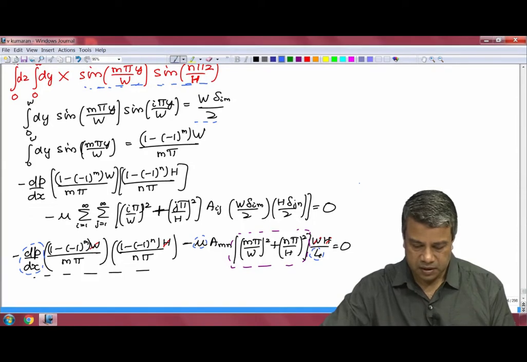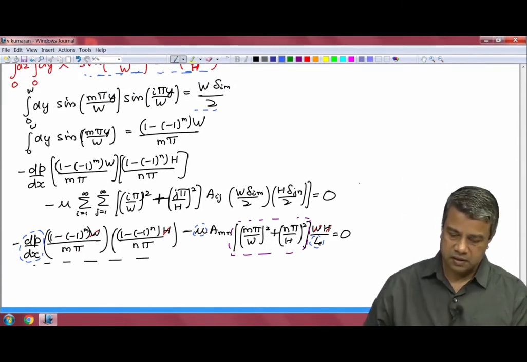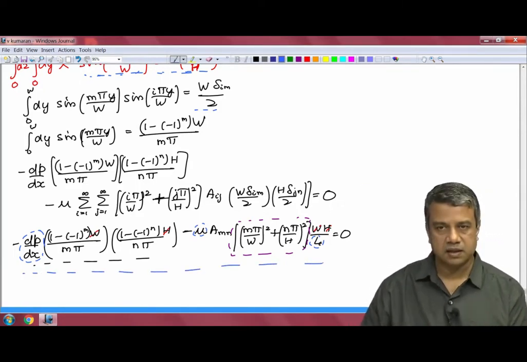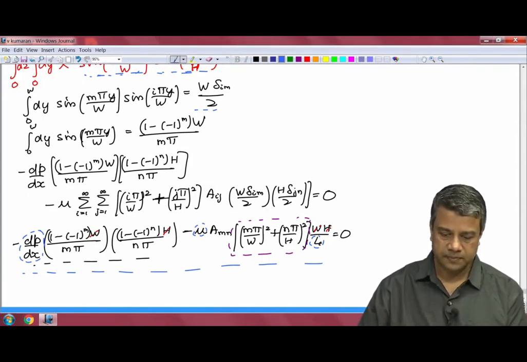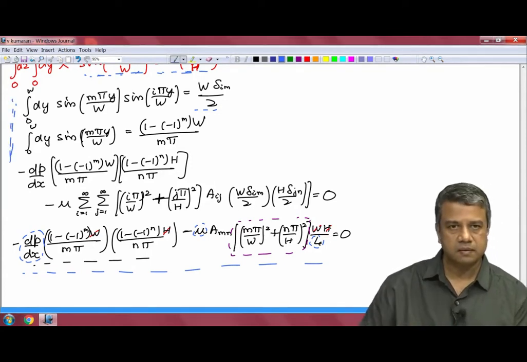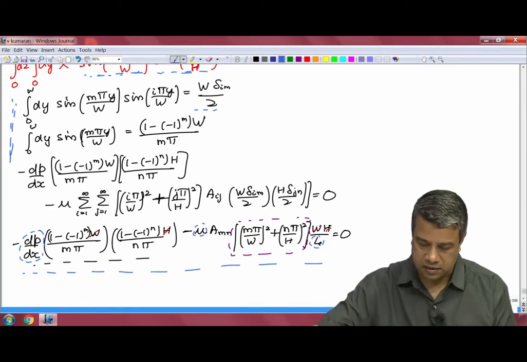We get an equation of this kind, which contains the pressure gradient and these coefficients a m n determined from these two orthogonality relations.